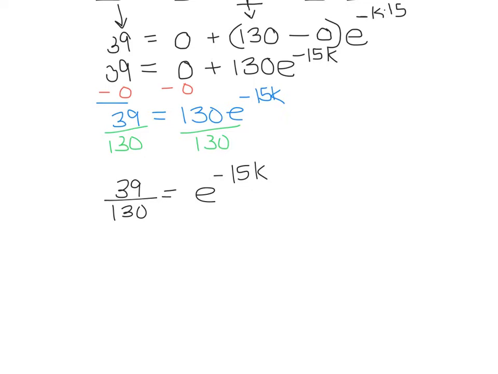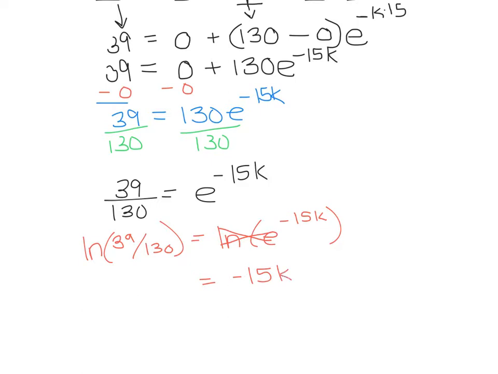So the way I'm going to undo the e raised to a power is to take the natural log of both sides of the equation. The natural log and an exponential with base e are inverses of each other, and they reduce away. And so you would just be left with negative 15k on the right-hand side.